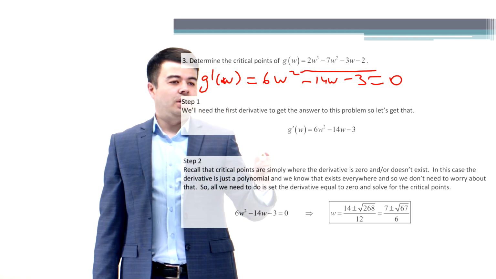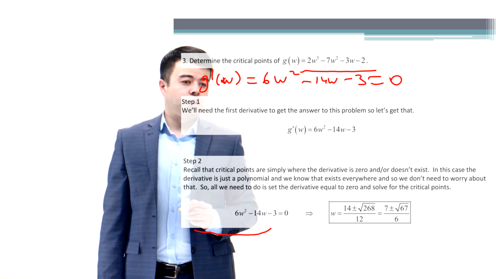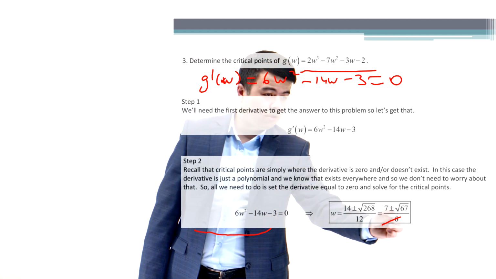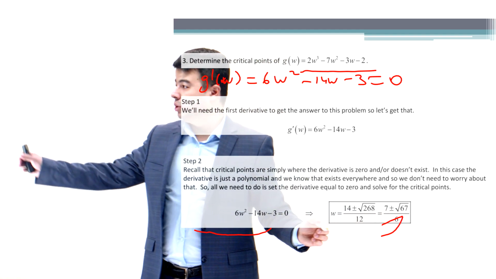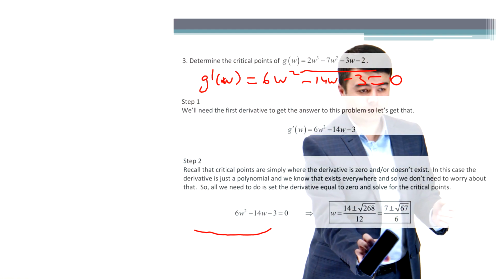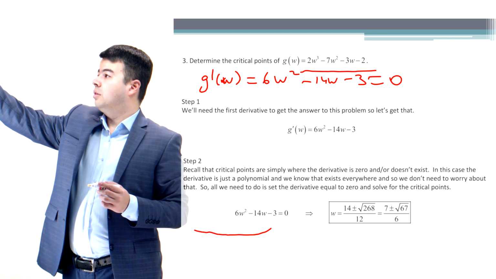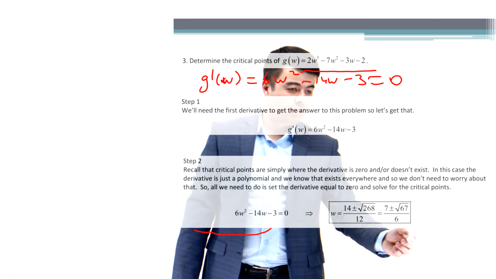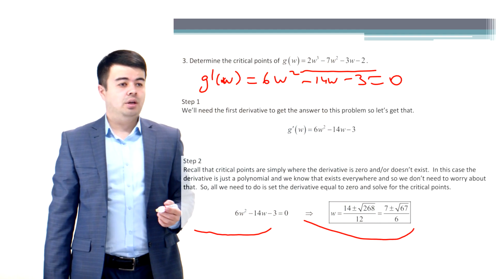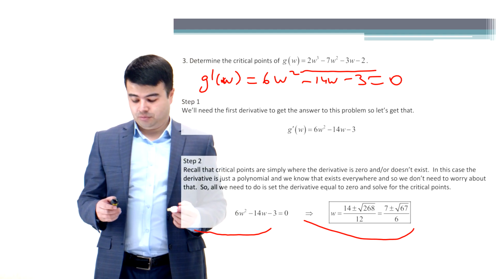After finding the solution of the quadratic equation, we have two roots, as you can see here, and these two roots will be critical points of the function.